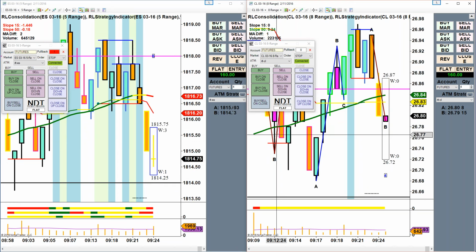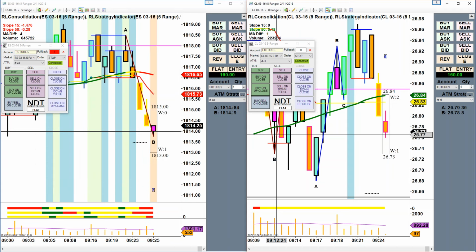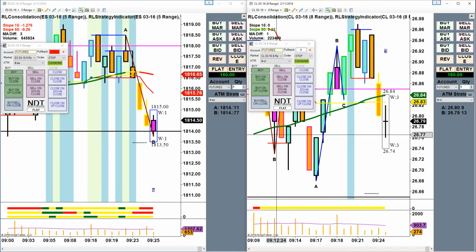Now, if we break the point of control on the E-mini, we have a potential short trade. Now we're bouncing off the point of control.